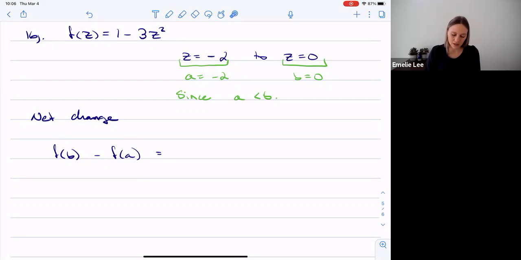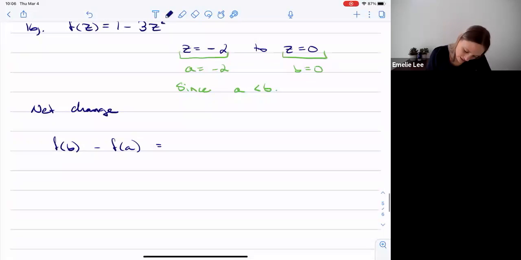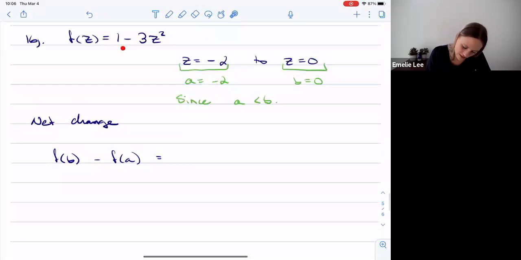That's the idea. So f of b, well, in this case, you have a couple of different options, and it just depends on how you like to write it out. So what you could do is say, okay, well, 1 minus 3b squared, and then minus 1 minus 3a squared, and then substitute in your a and your b. I'm just going to go straight to substituting in the values.